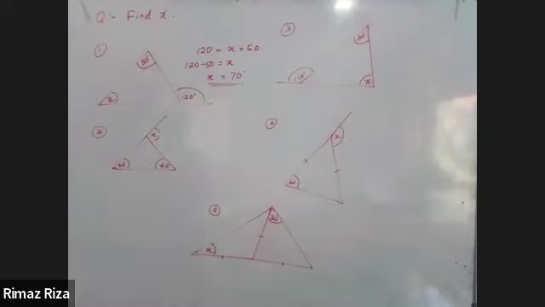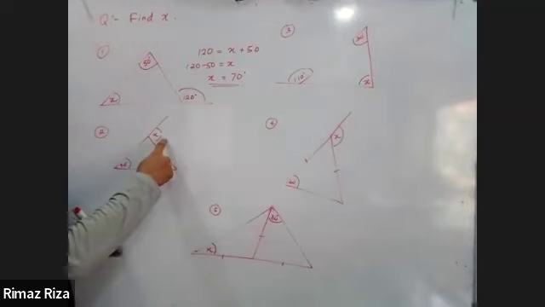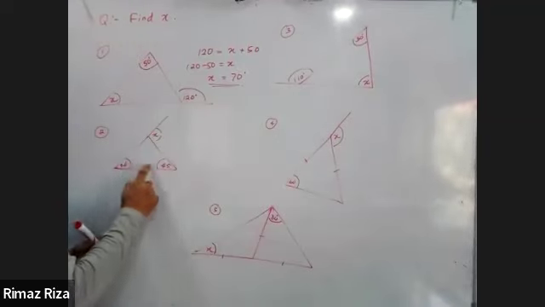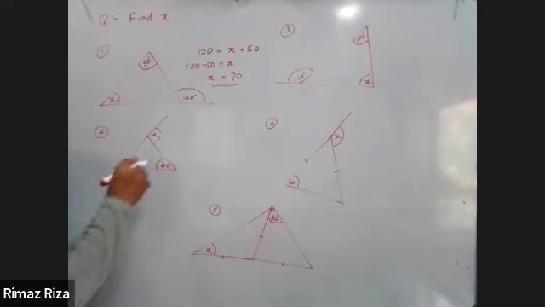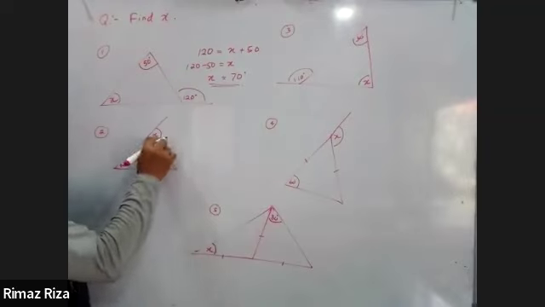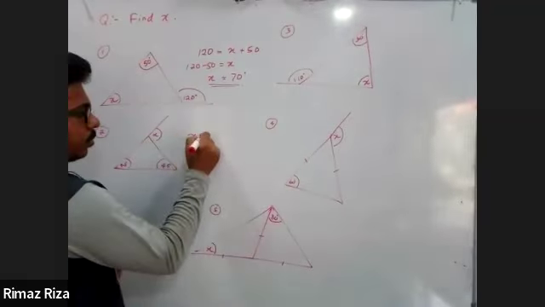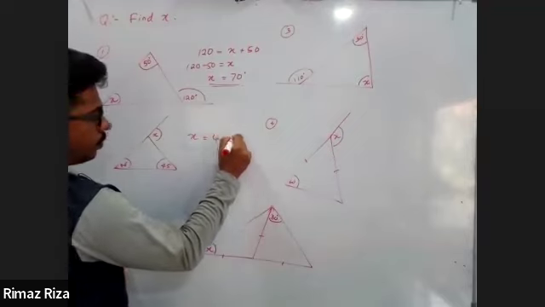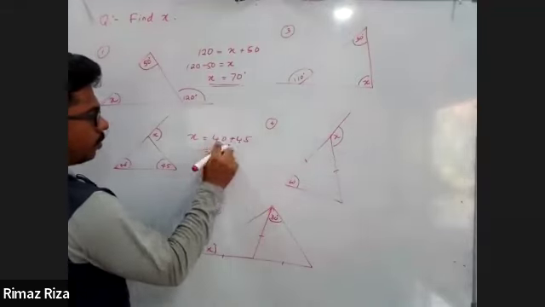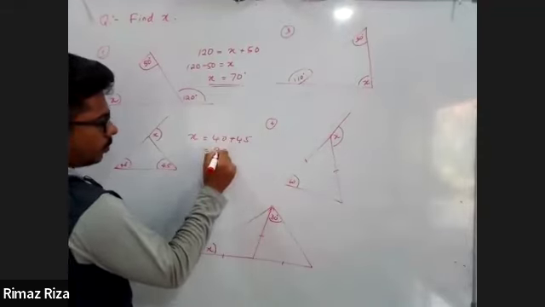So here the exterior angle is equal to the sum of the interior opposite angles. Okay. So our x equals this plus this, 40 plus 45. So 40 plus 45 is 85.